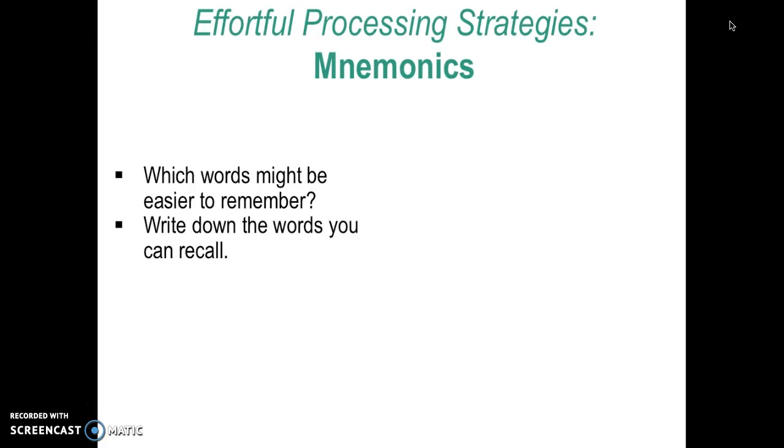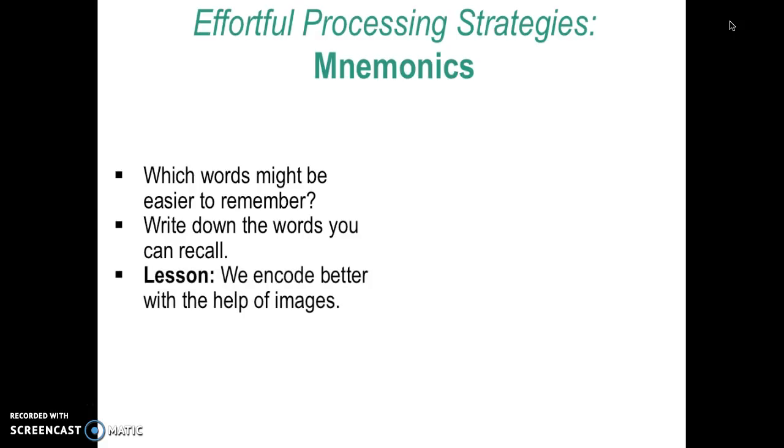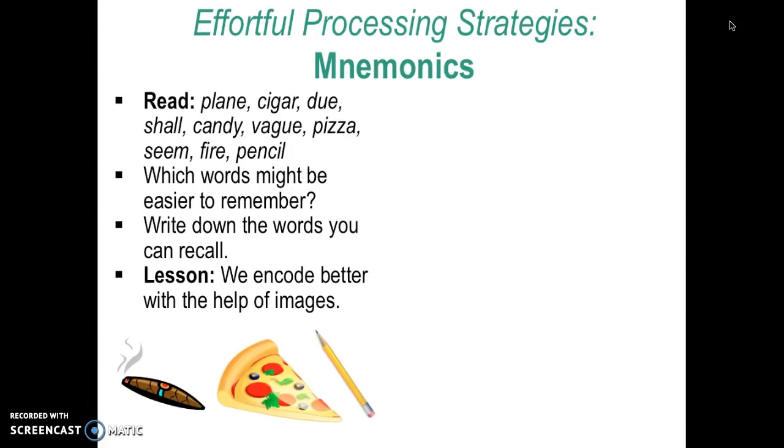Pause it. What words? So we're going to encode better with the help of images. So if you picture in your mind a plane, a cigar, candy, pizza, a fire, a pencil, you probably are going to remember those words a lot better.